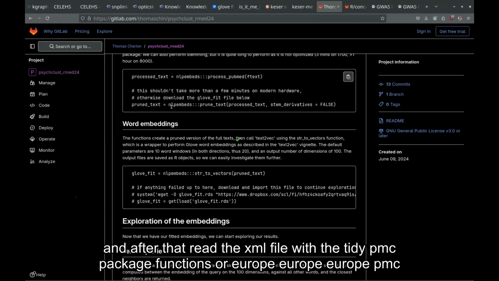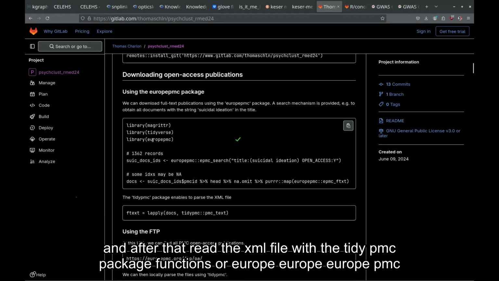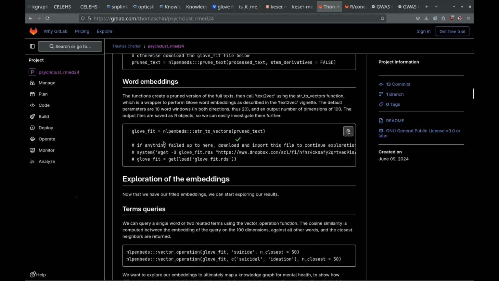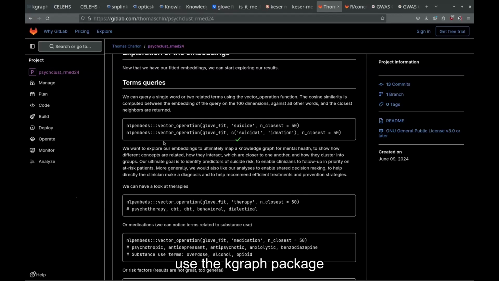And after that, read the XML file with the tidy PMC package functions or Europe PMC, and start doing text processing and calling glove word2vec. And once you have your word2vec matrix, you can use the kgraph package.